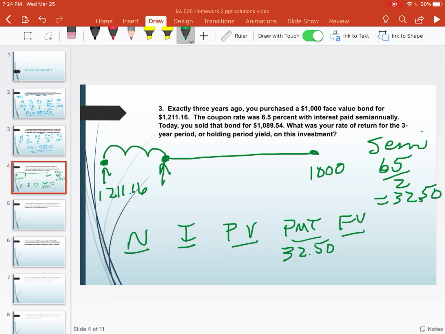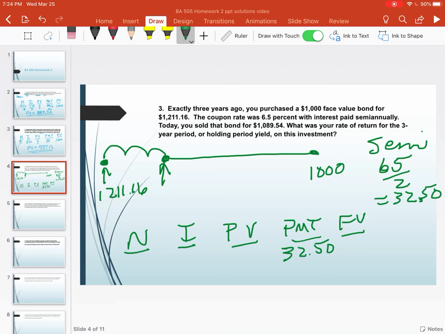So we're going to be calculating this problem just a tad differently, just simply because we won't be using the actual time value of money variables for this problem.